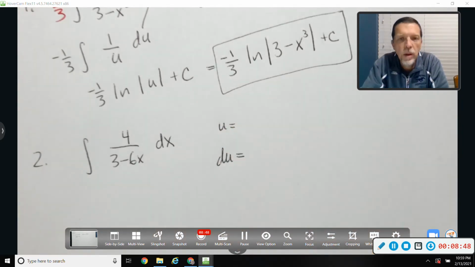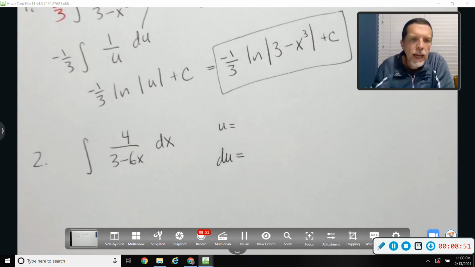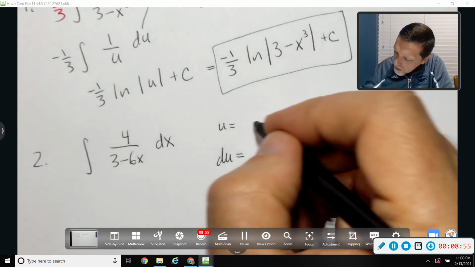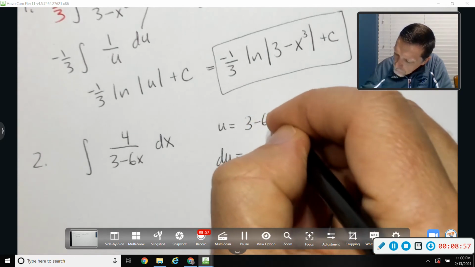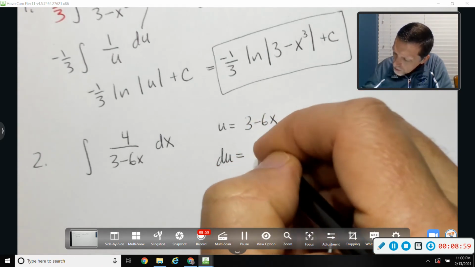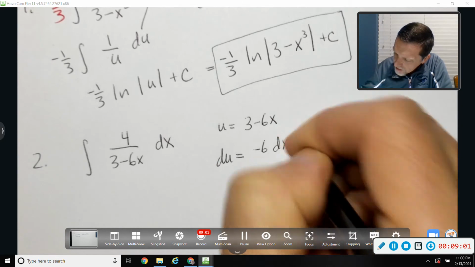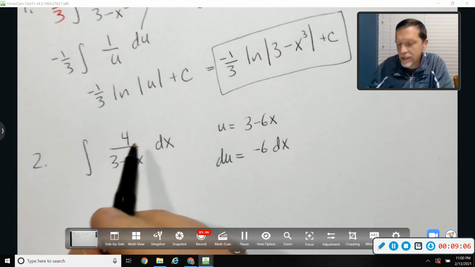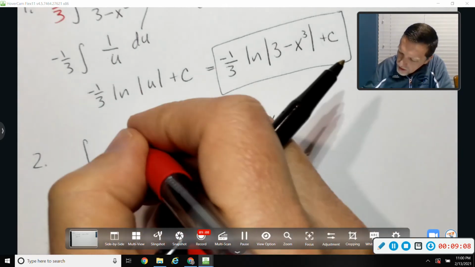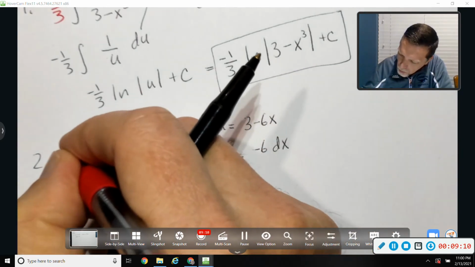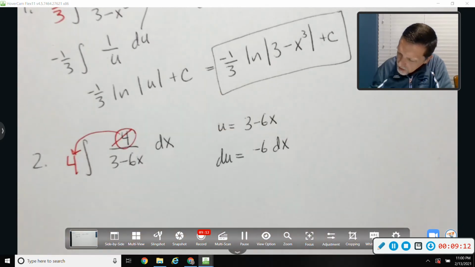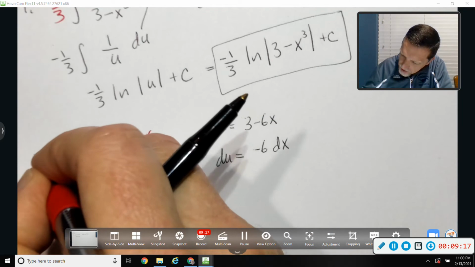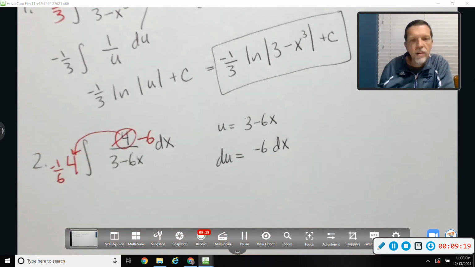Well, again, I have to pick u, and I think if I again make u be the bottom, then du would be negative 6 dx, which I don't really have, but I can play with constants to make it work. So I think the easiest thing to do for this one is to pull the 4 out front, and then put a negative 6 on that, and a negative 1/6 out front.